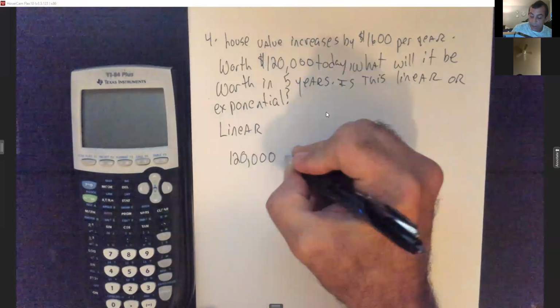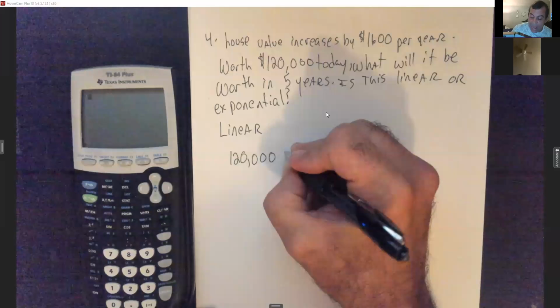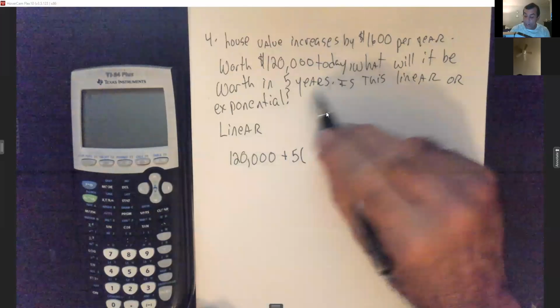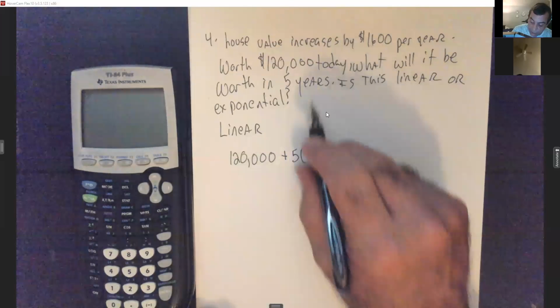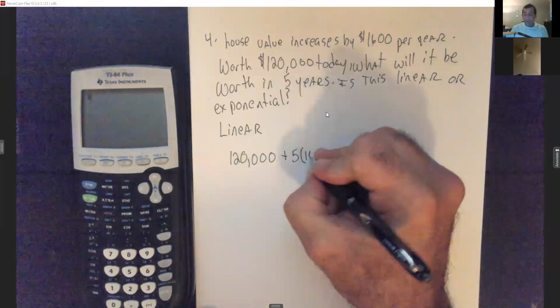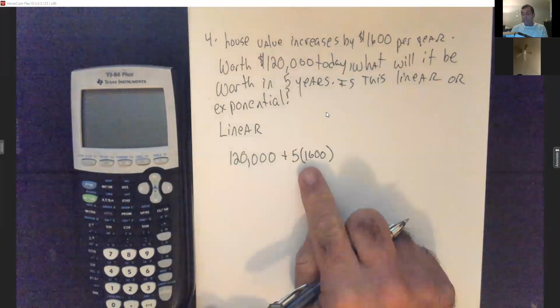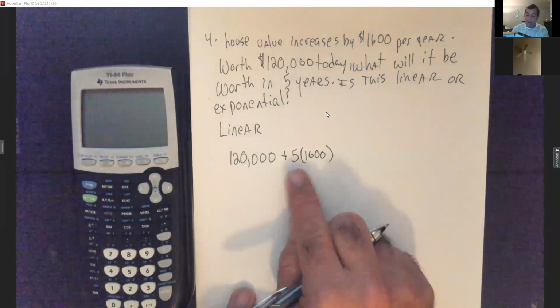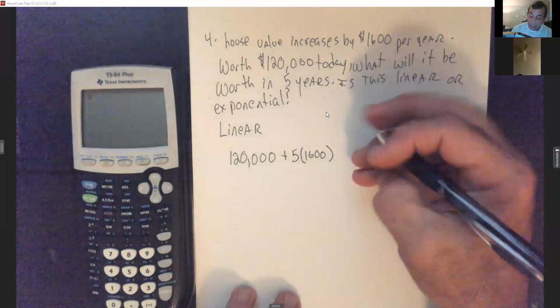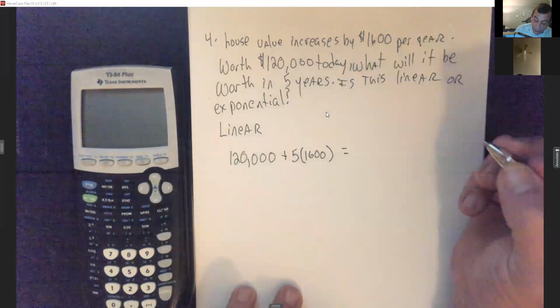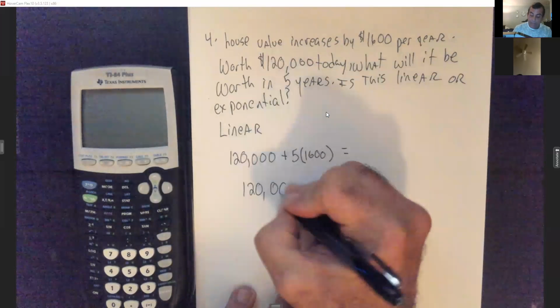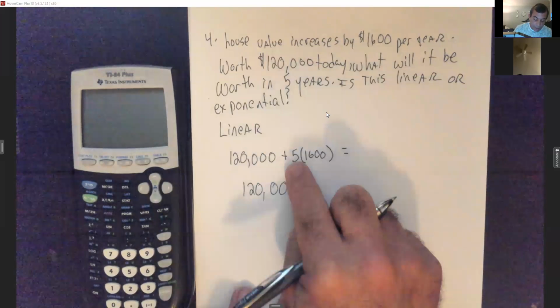And watch this. I'm going to add that to 5 times because it's 5 years. And for every year, it went up 1,600. So instead of adding 1,600 5 times, I'm just going to multiply the 1,600 times 5, and then that amount adds to the 120,000.